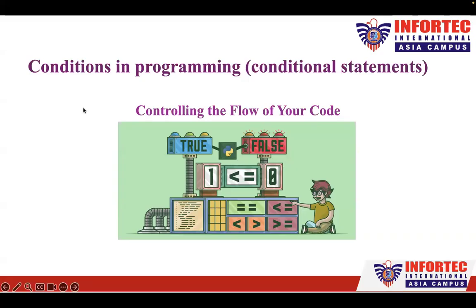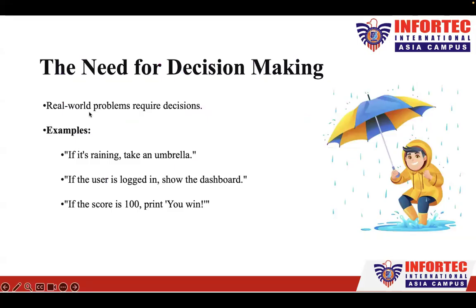We call it conditional statements. Right. So here we have the need for decision making. When it comes to the need for decision making, here we have a situation, a real world problem.